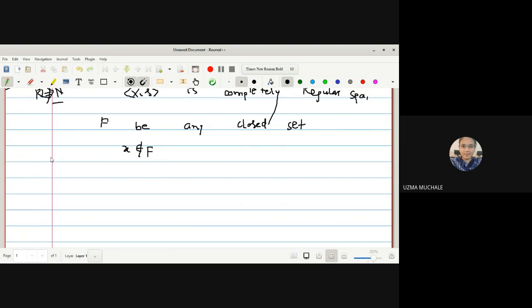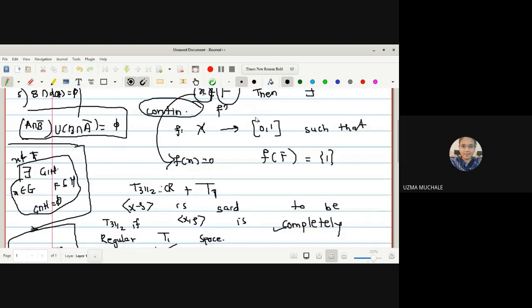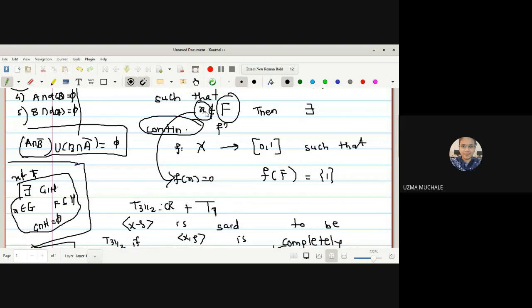But what is given to us? X is completely regular. So we can use the definition of completely regular, since F is a closed set which does not contain the point x.